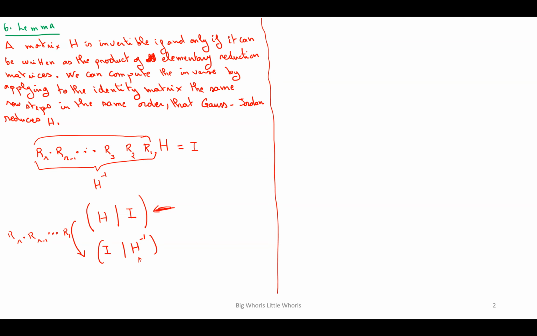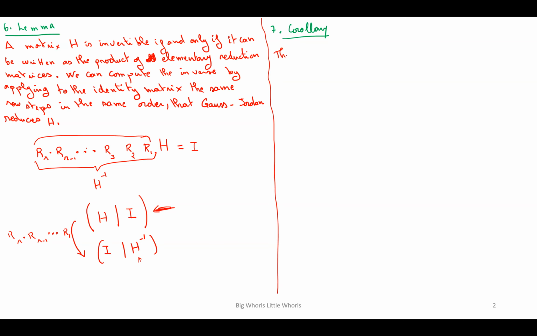But here, let me give you another corollary, and then we will stop the lecture here. So number 7, corollary. Okay. And I'm sure you know the inverse of a 2x2 matrix.